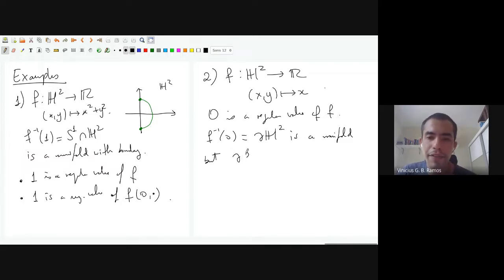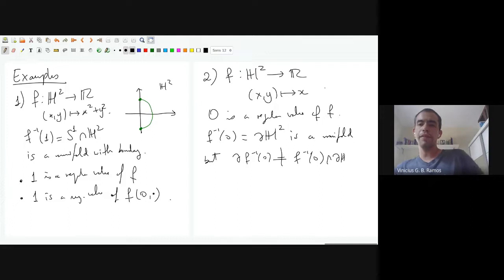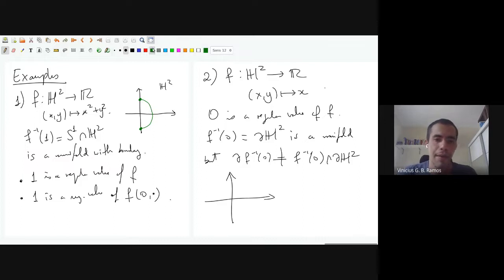But the boundary of this guy is not the intersection with the boundary of H2. In fact, this guy is a manifold without boundary. So in this case, the manifold is this whole thing. So the whole manifold is the intersection with the boundary. So you kind of lost control.